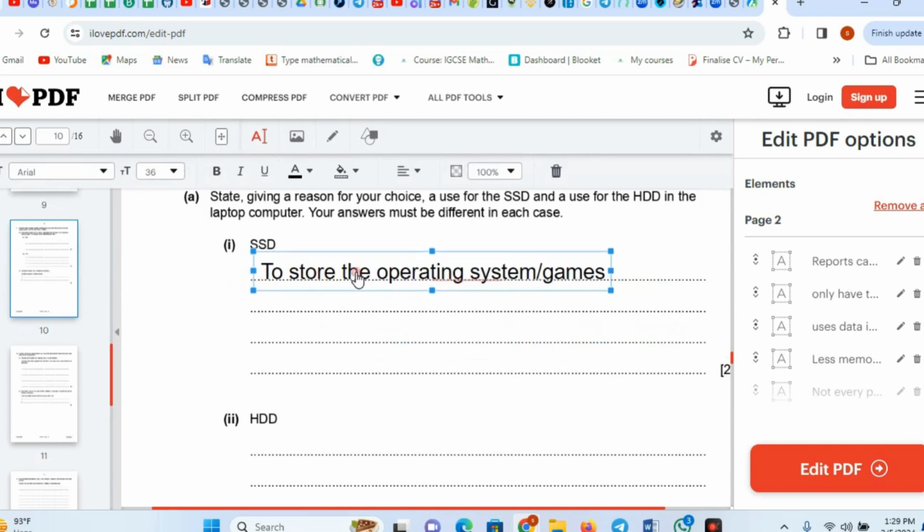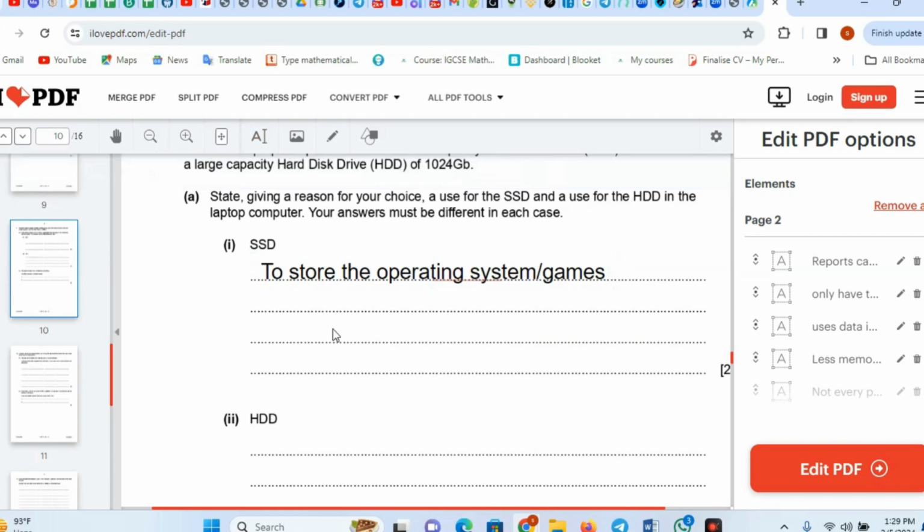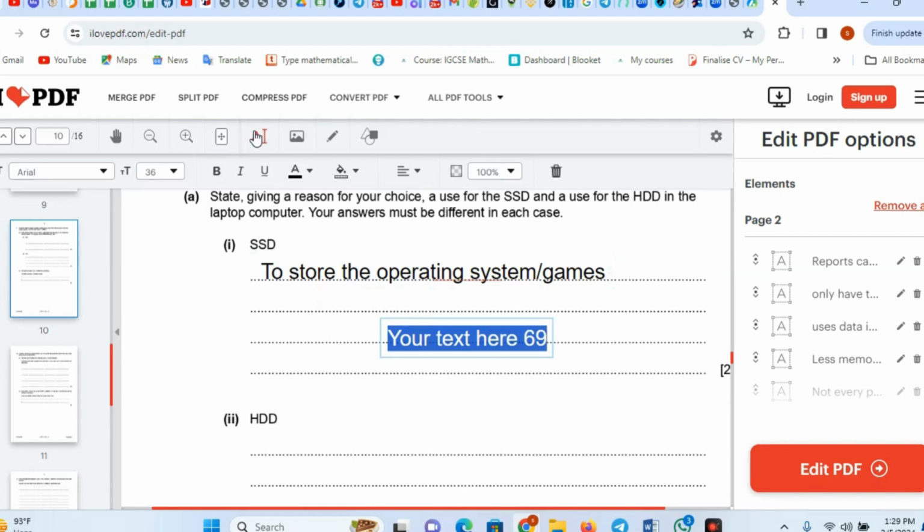And we are told to give a reason. So our reason is that when you use an SSD, your game or system will load faster. So you have faster loading of the operating system or game.